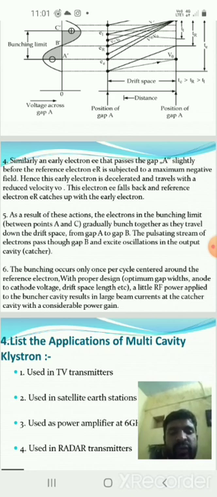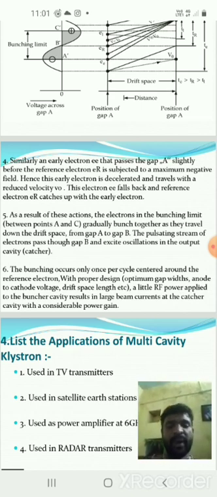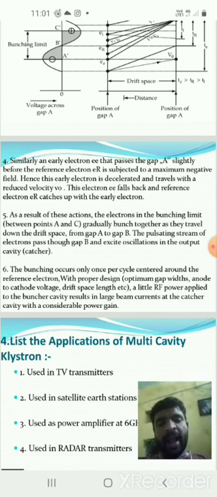These are used to increase the bunching capacity, and RF power applied to the buncher cavity results in large beam current. These large beam currents enter the catcher cavity with considerable power gain. This is the operation of the multi-cavity klystron amplifier.